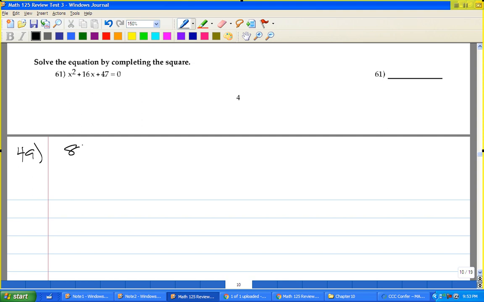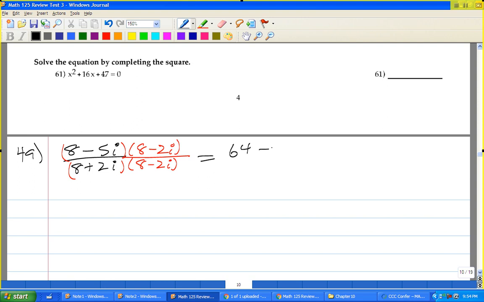8 minus 5i over 8 plus 2i. Okay. So let's multiply and divide by the conjugate of the denominator. 8 minus 2i. And so 8 times 8 is 64. 8 times negative 2i is the negative 16i.